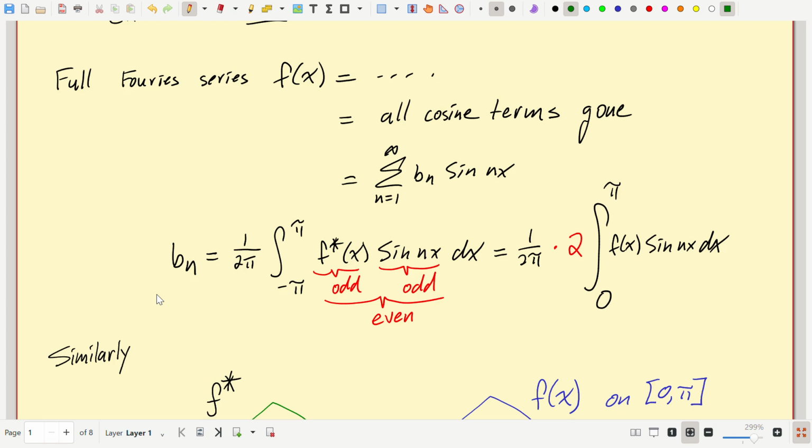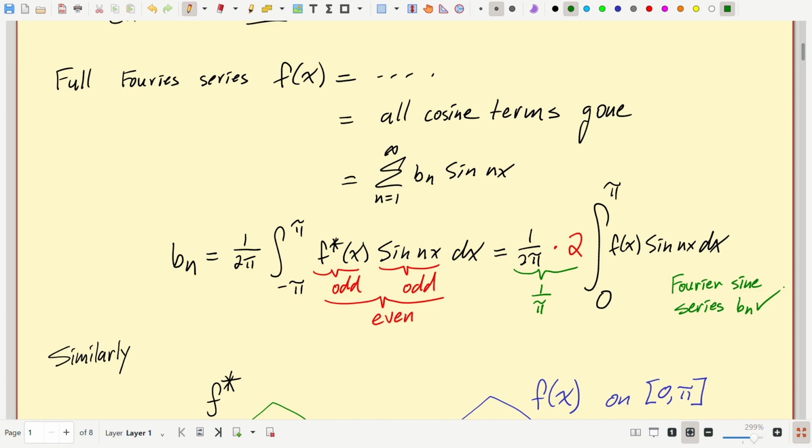And that gives us the same coefficient as for the Fourier sine series. And so this thing right here would be 1 over pi. And the interval is from 0 to pi, and so that's the Fourier sine series coefficient. So check. That's how that works.